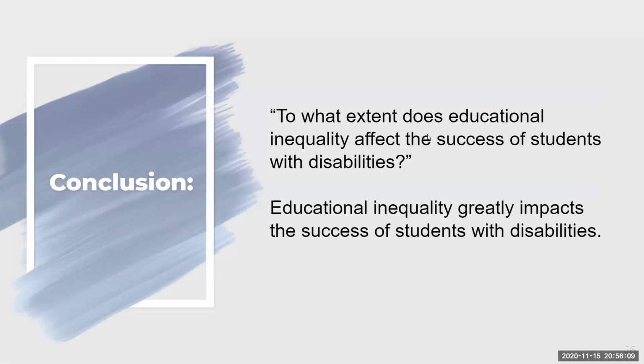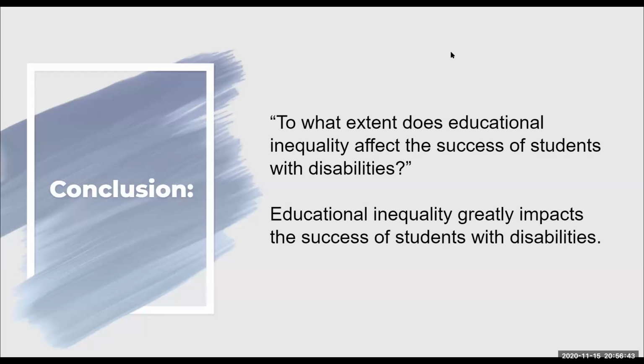To what extent does educational inequality affect the success of students with disabilities was the question that we have been discussing. To conclude, the success of students with disabilities is impacted a lot by educational inequality stemming from economic inequality and discrimination. Students with disabilities not only have a hard time at school if they're attending school, but they also do not have the support system to continue due to the lack of social relationships and local community partnerships.